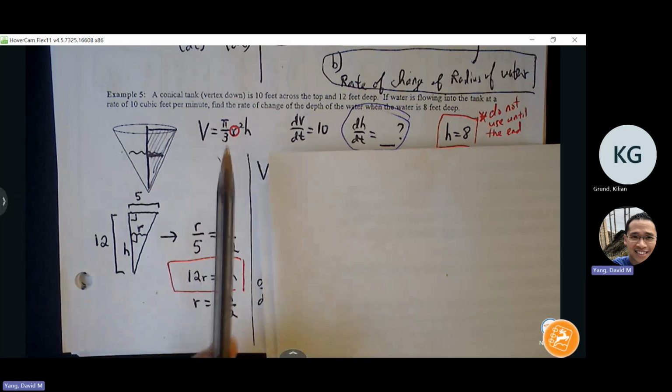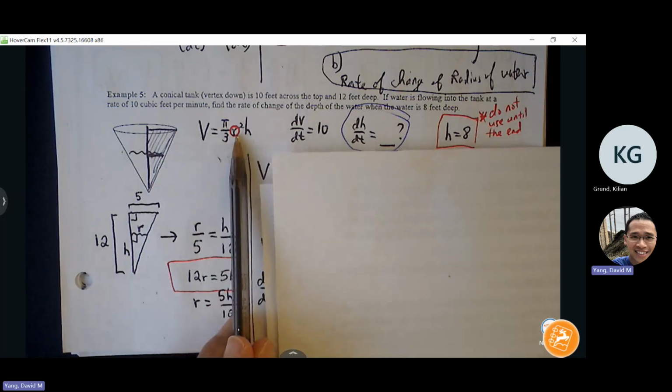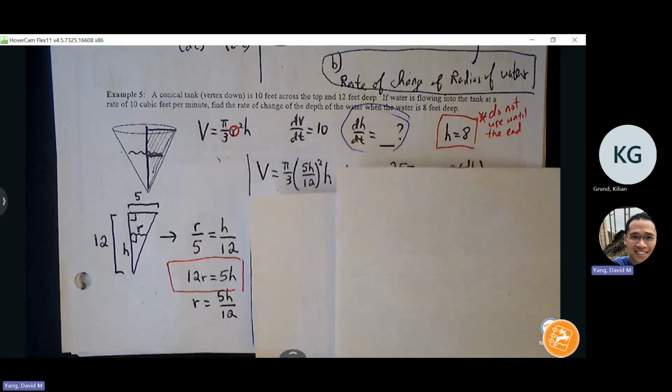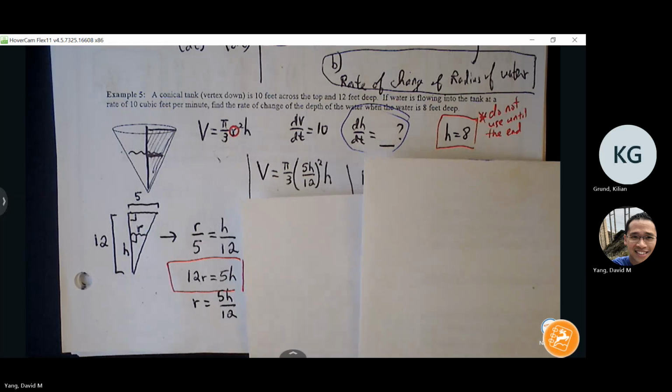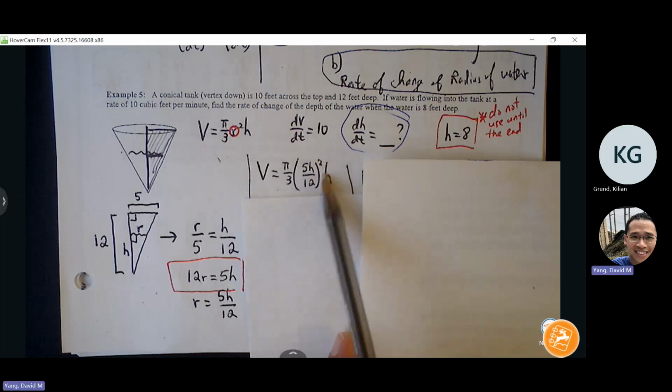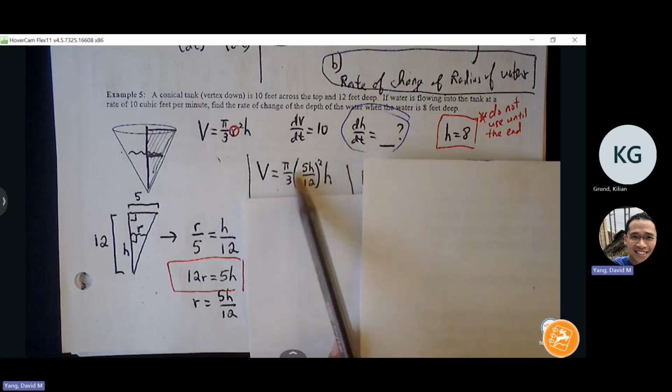Now I can put this in for my r. Okay, so my goal initially is just to get my equation cleaned up to the variable that I prefer. So r gets replaced with 5h over 12. I'm going to clean all this up, multiply this through. I don't want to have to go through product and chain when the only thing I need is power rule after I clean up.